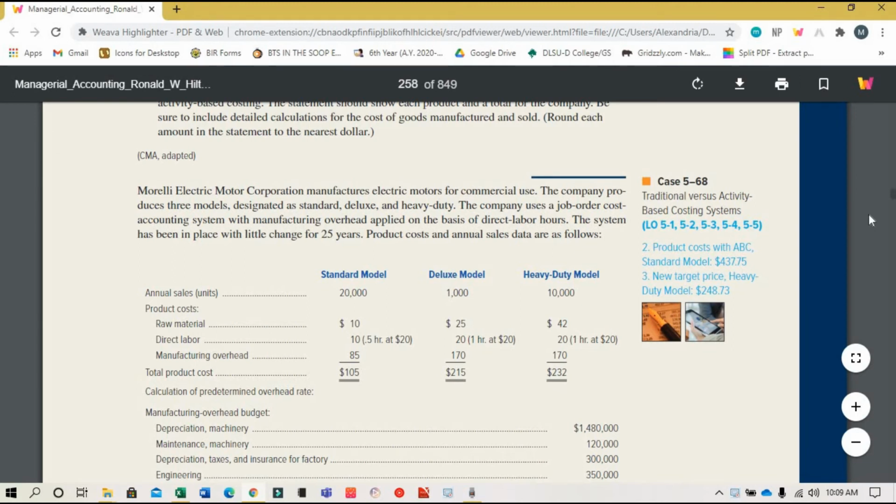The company produces three models designated as standard, deluxe, and heavy duty. The company uses a job order cost accounting system with manufacturing overhead applied on the basis of direct labor hours. The system has been in place with little change for 25 years. Product costs and annual sales data are as follows.